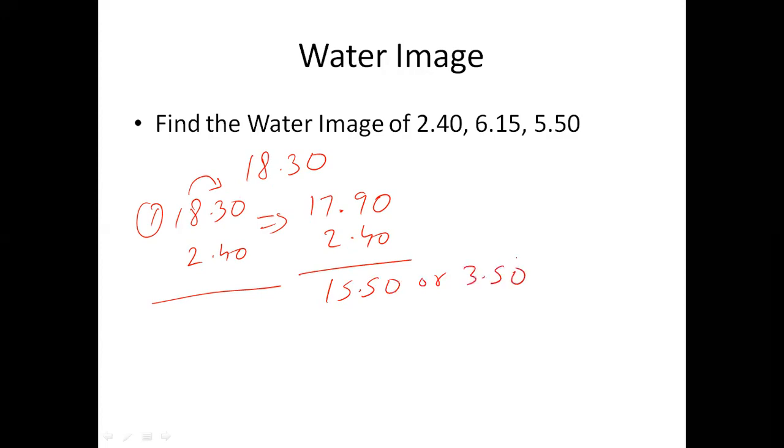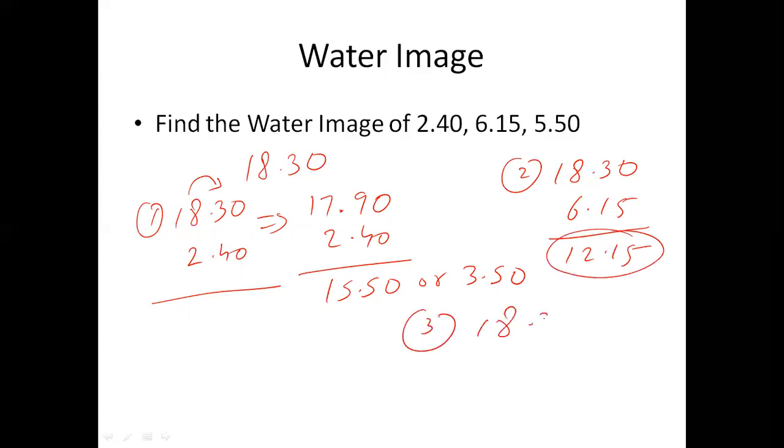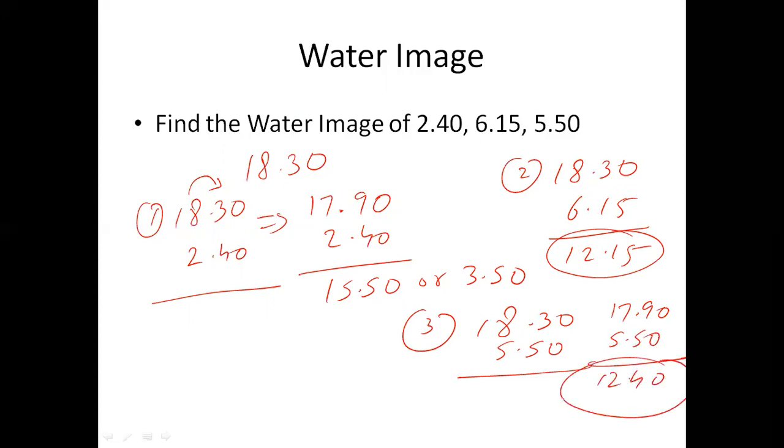Similarly, second question, 18:30 minus 6:50, nothing but 12:50. Third one, 18:30 minus 5:50. Again, I told you to carry, so it becomes 17:90 minus 5:50. So 12:40. So this is how to calculate the mirror image and water image.